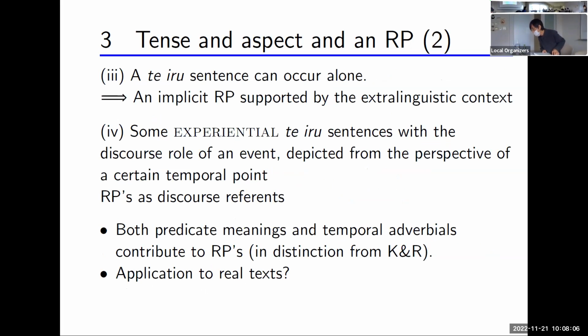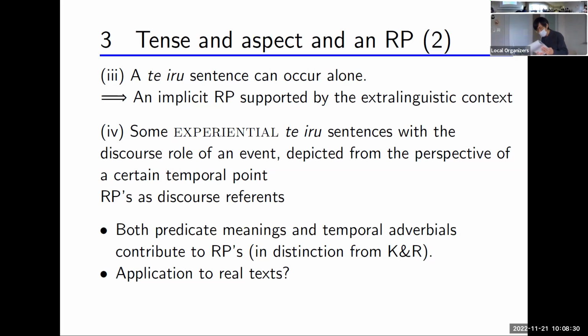And third, actually, a sentence with tail with a continuous meaning can occur alone without any neighboring sentences. And that means that that leads to hypothesizing an implicit reference point, which is supported by the extra linguistic context.